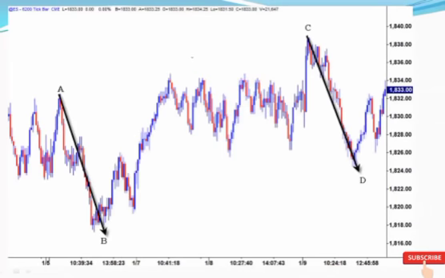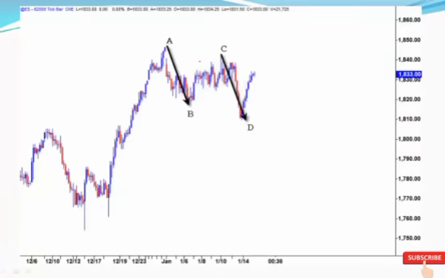In a trending market, these A to B, C to D relationships are also tied into those 1, 2, 3, 4 and the Elliott wave process. And here's another example. Even in the Elliott wave theory, you have your fifth wave up, and then you have your A, B, C corrective wave.